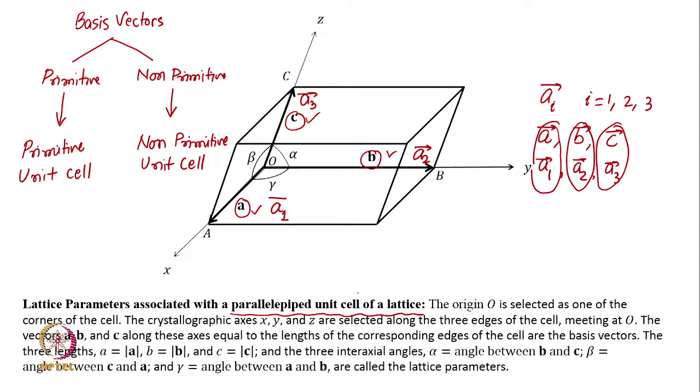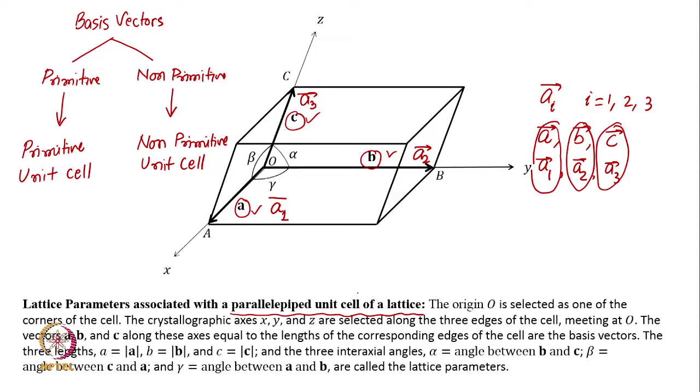And then the angles also are required, because edges alone will not define the shape of the parallelepiped. These vectors can have different angles. If you give them as vectors, you have totally defined them, because a vector has both magnitude and direction. So, there is no confusion if you are giving them as vectors.